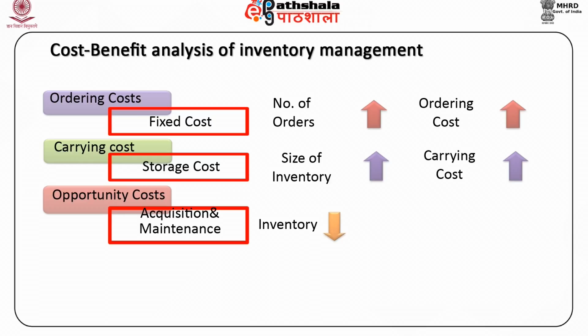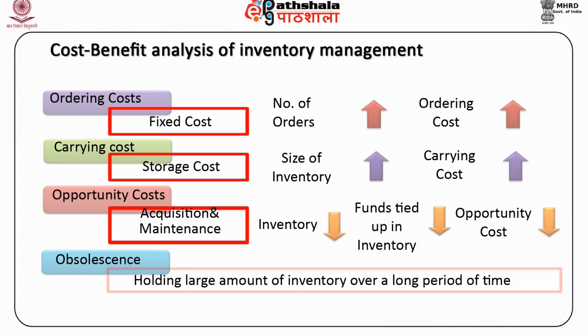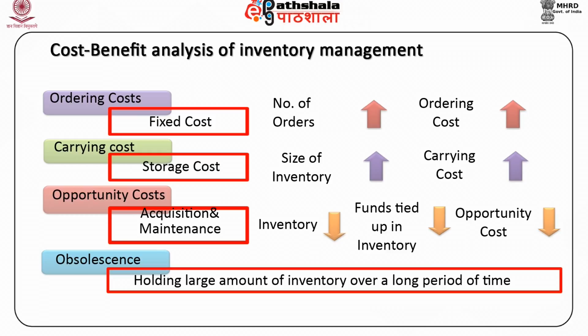Lesser the inventory, less funds would be tied up in inventory and less will be its opportunity costs. If the funds are not tied up in inventory, they can earn a return for the firm. Obsolescence. Holding large amounts of inventory over a longer period of time might also lead to obsolescence.